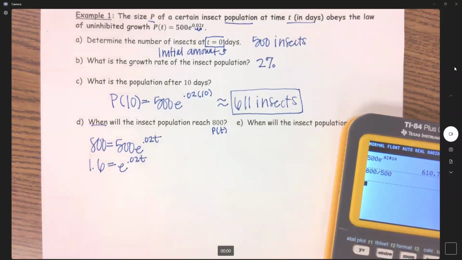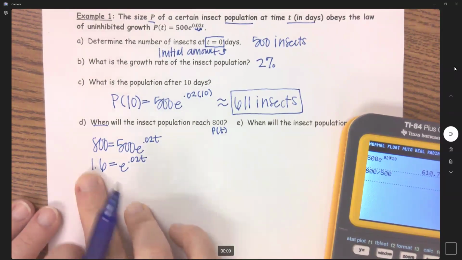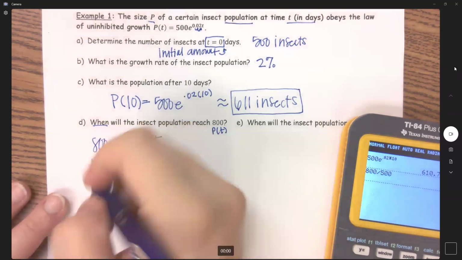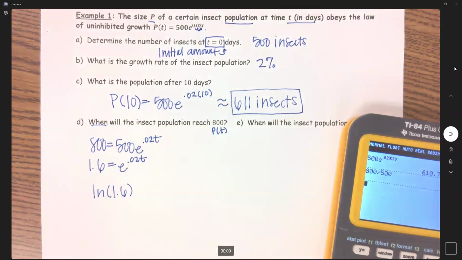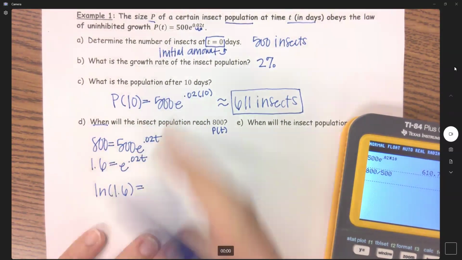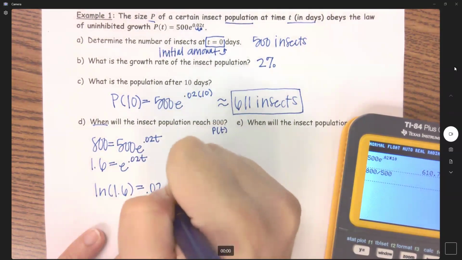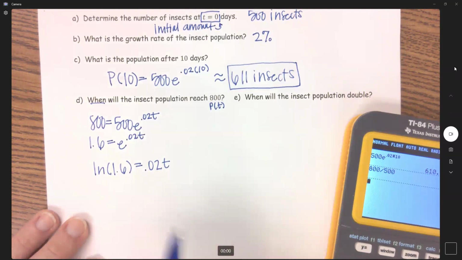Step 2 is to rewrite. So base to the other side of the equals, my log with a base of e is a natural log. So I have natural log of 1.6, and that's going to equal my exponent of 0.02 t. And then my last step is to divide that over.